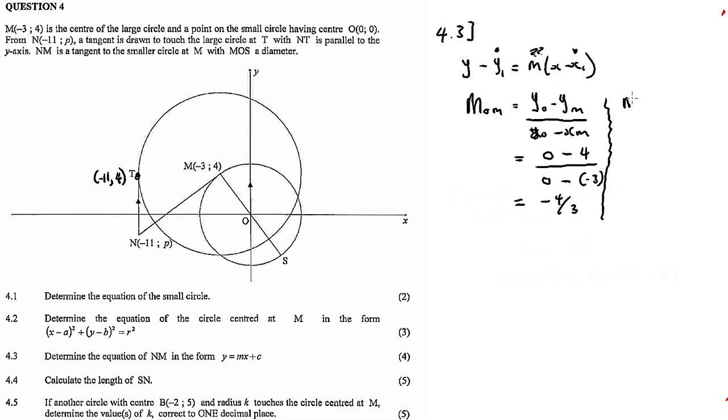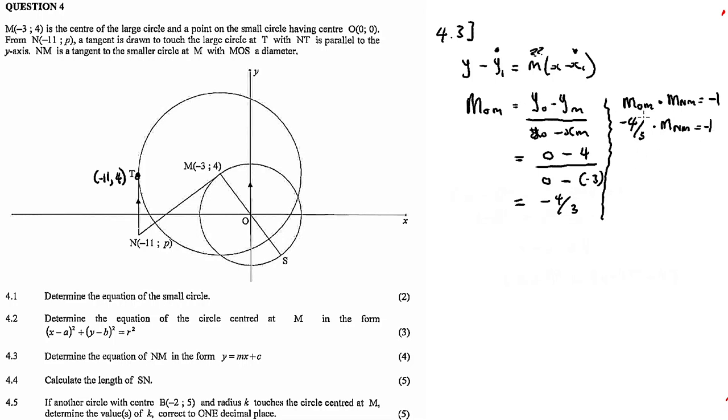So now if you multiply the gradient of OM and the gradient of NM, the gradient of NM, what must I get? Minus 1. I must get minus 1. Now OM is minus 4 over 3 times m, NM, is equal to minus 1.